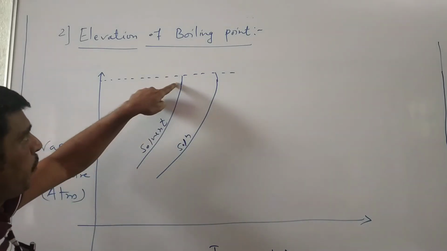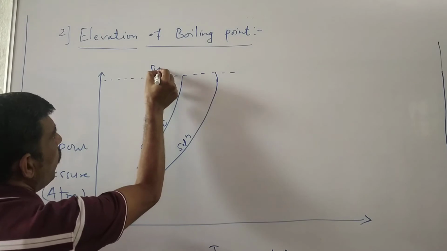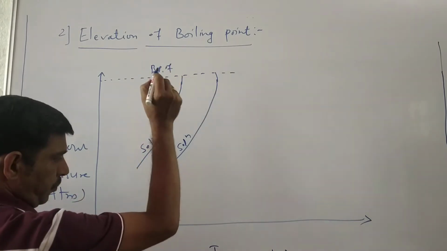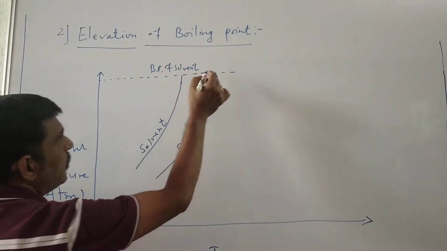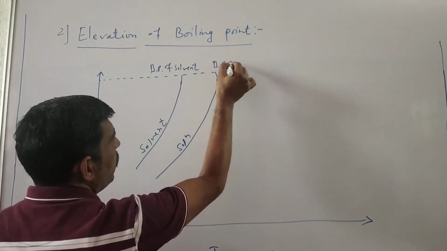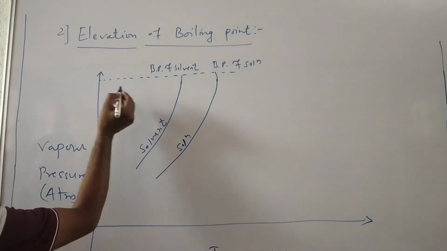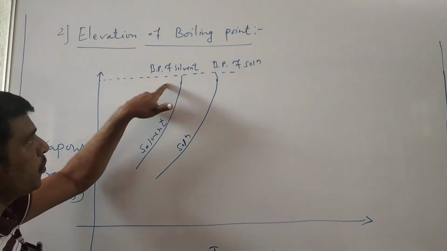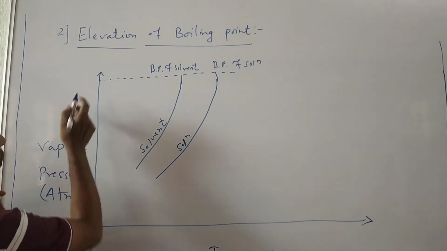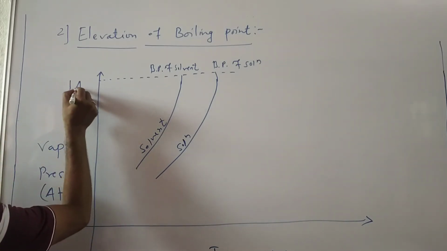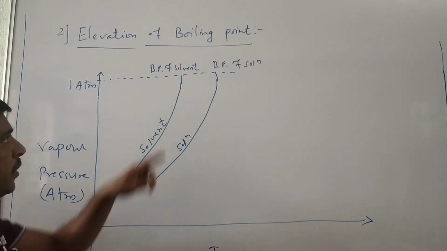So this temperature is the boiling point of solvent. This is the boiling point of solution. So the boiling point of solvent means when its vapor pressure is equal to 1 atmosphere. Suppose this is 1 atmosphere. Okay.